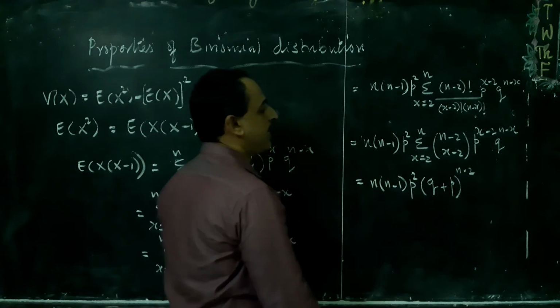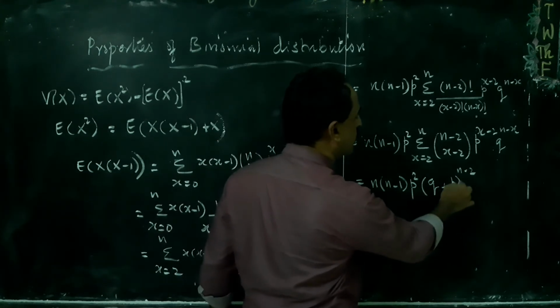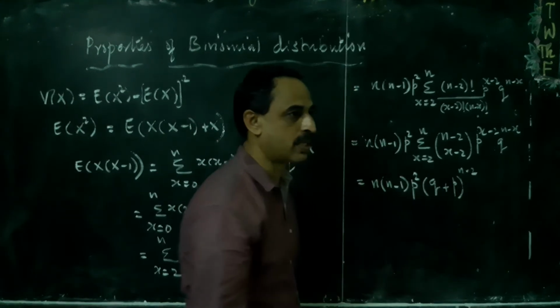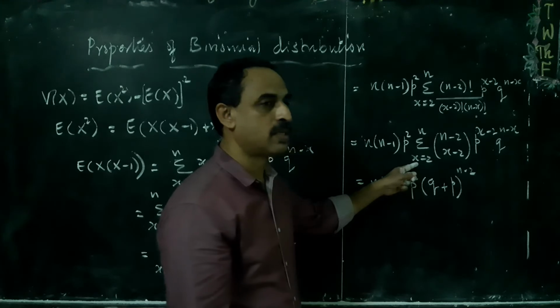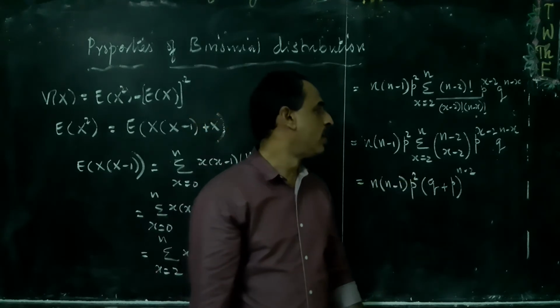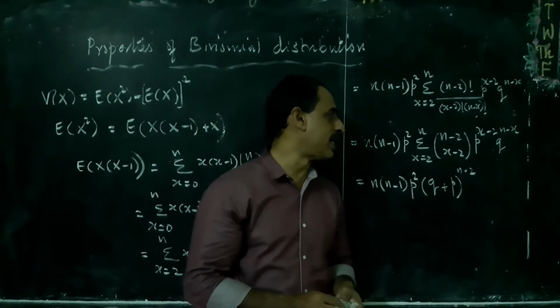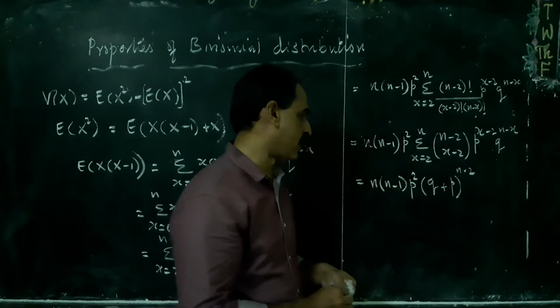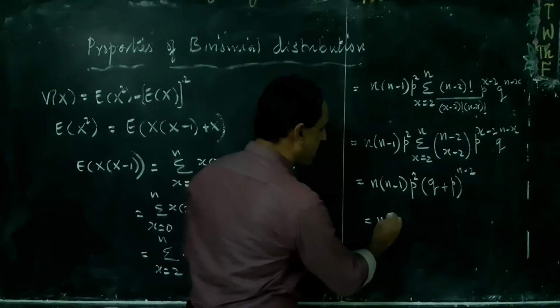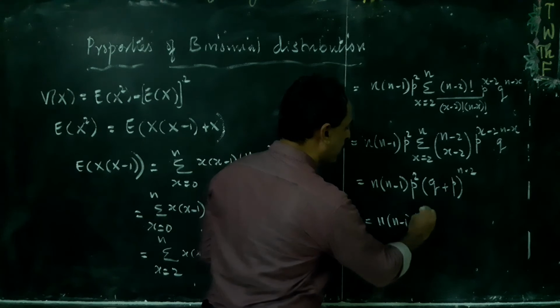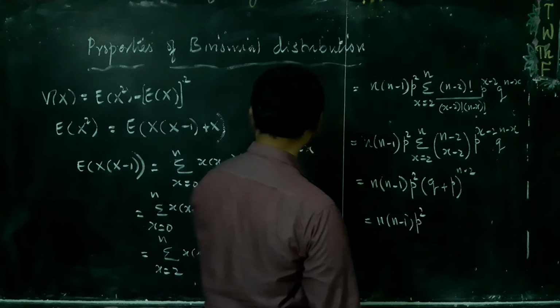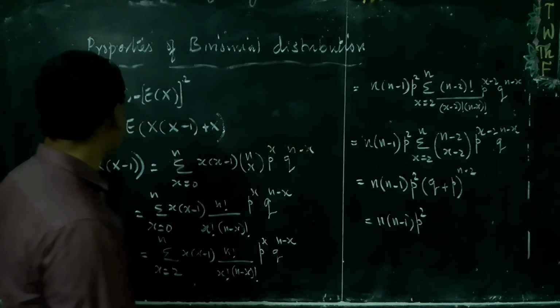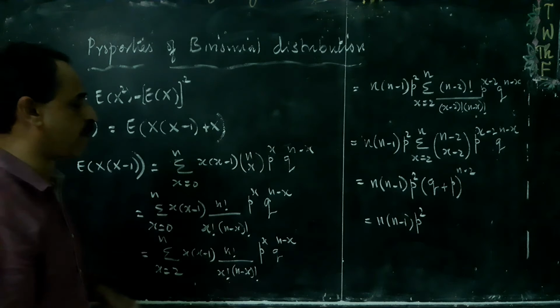That means that if you expand q plus p whole raised to n minus 2 using binomial expansion, the terms will be the same as sigma x equal to 2 to n of n minus 2 C x minus 2, p raised to x minus 2 and q raised to n minus x. Therefore, this is now n into n minus 1 p square. Thus, E of x into x minus 1 is n into n minus 1 p square.